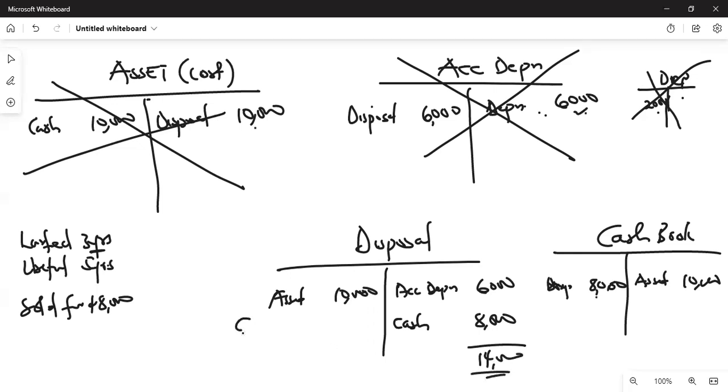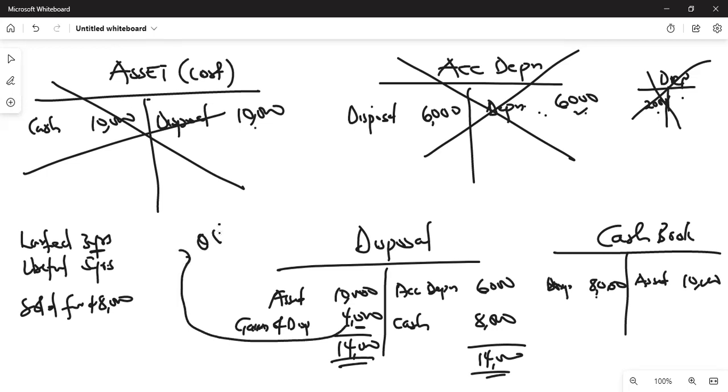The difference is what we call the gain on disposal, which is 4,000. The corresponding entry of this 4,000 will go to other income in the P&L.